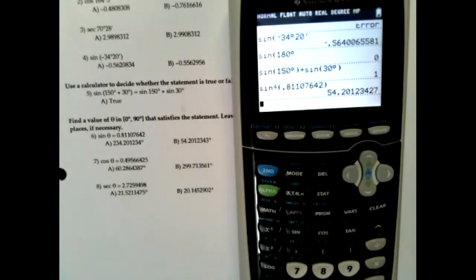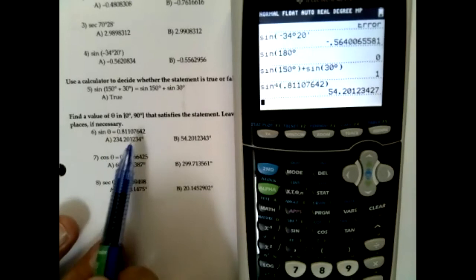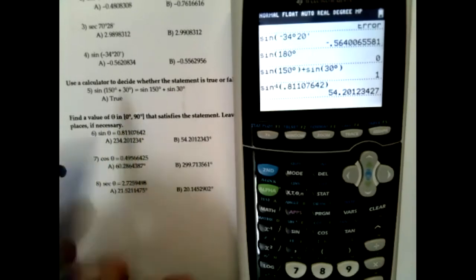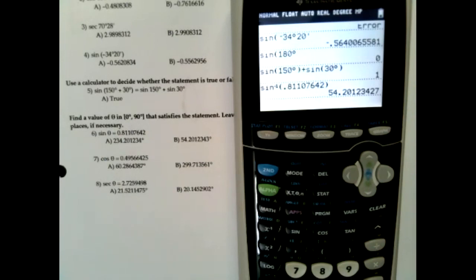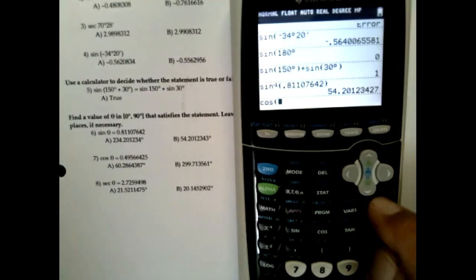Again, this is not an exact value like we were finding earlier. Earlier, we were drawing the triangle for this. Great idea, because that's what we did last section. But because this is such a mess, I have to do it on the calculator. Cosine, no, I don't want the cosine. Get that out of there.